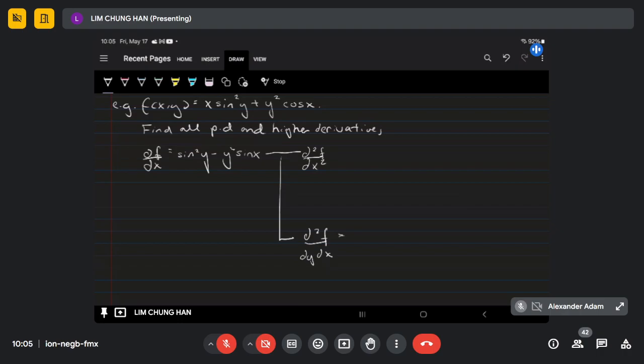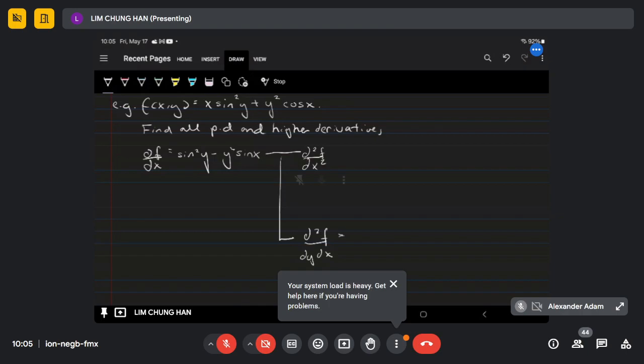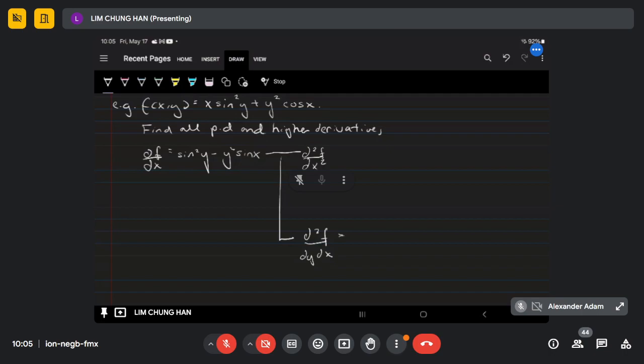The faster you give me the answer, the faster we can move on, and then we can end the class. We still have a lot of materials to go through. What's the answer for this one? Come on. 2 sin y cos y negative sin x 2y. Okay, good. Thank you.